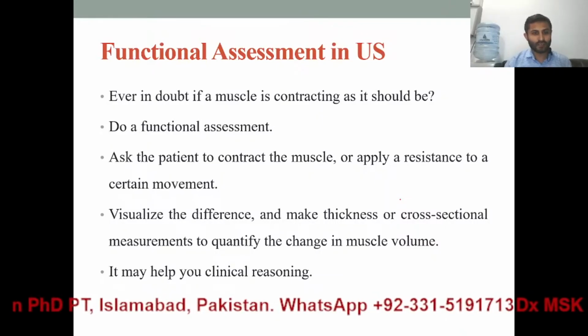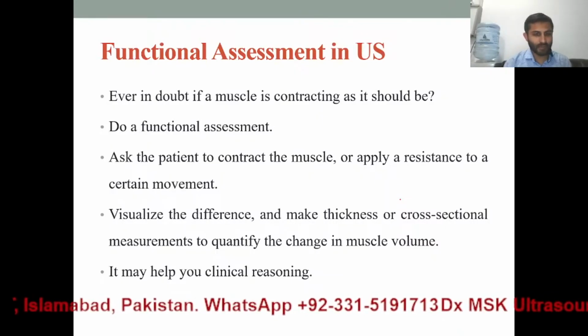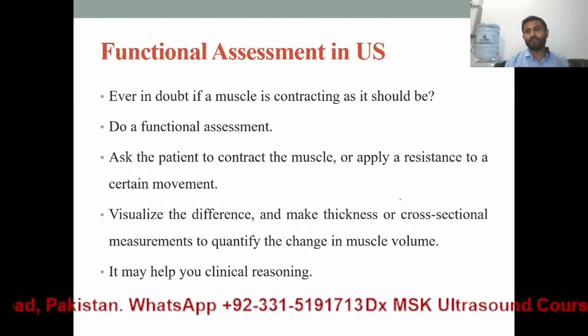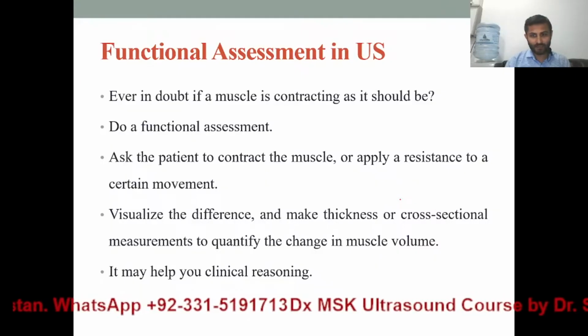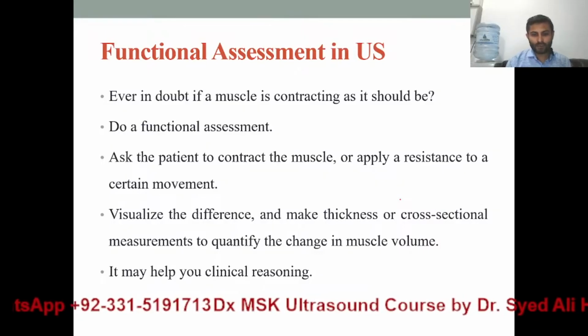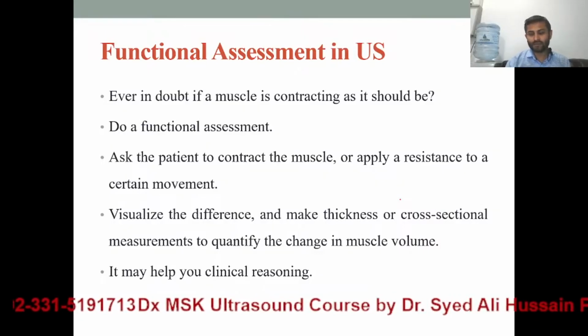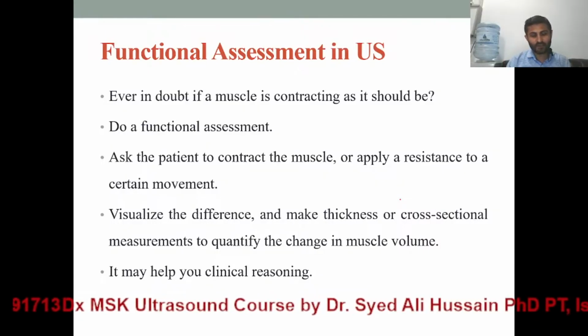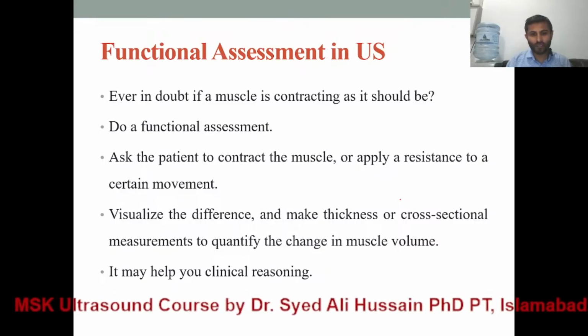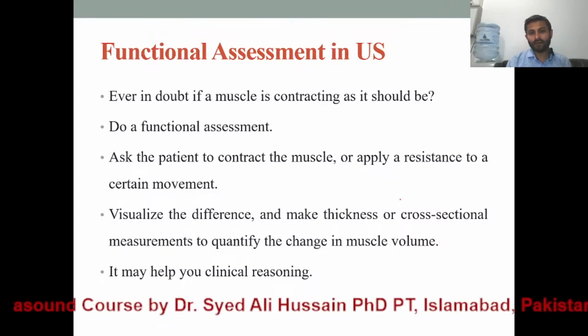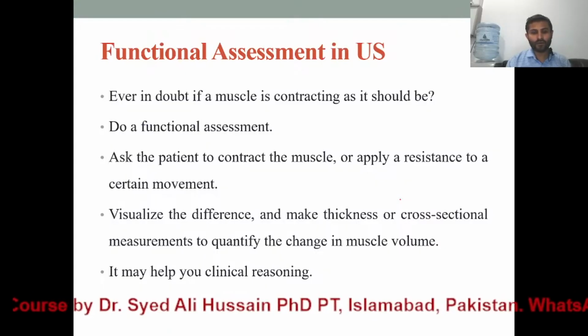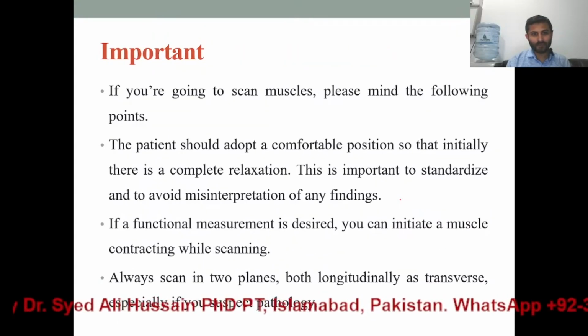How can we do functional assessment? We can make the muscle contract, and then we can assess the muscles. We can also visualize the difference in the thickness of the muscles, the cross-sectional area, its volume, and definitely you can also go for other testing as well.